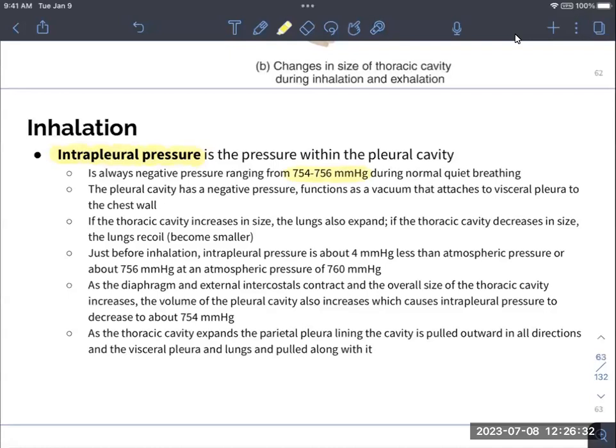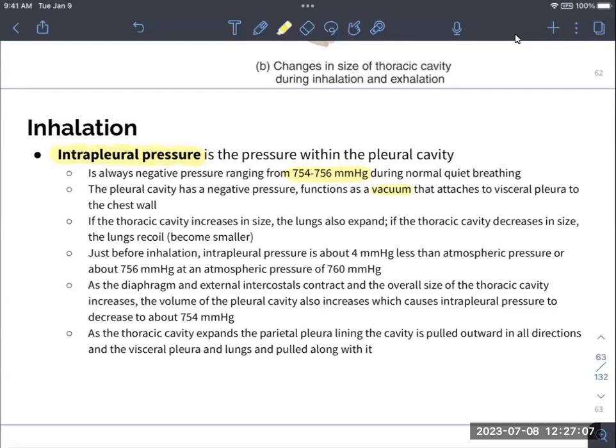It has a negative pressure because it functions like a vacuum. It sucks. It helps, with that visceral pleura that sits on those lungs and that parietal pleura that faces the chest wall and is attached to it. It helps to create that pressure to cause air to go in every time that you breathe in.